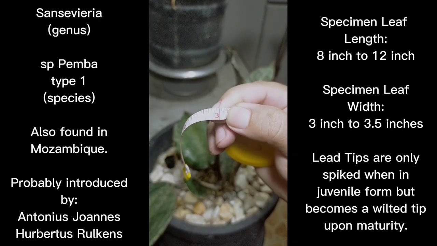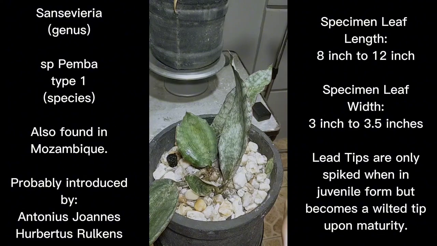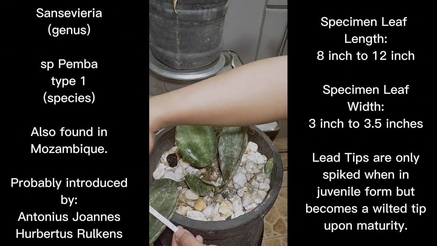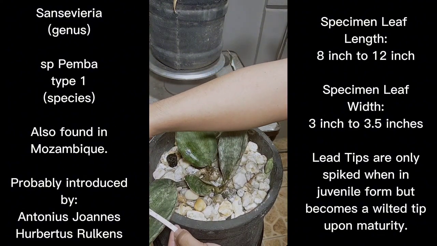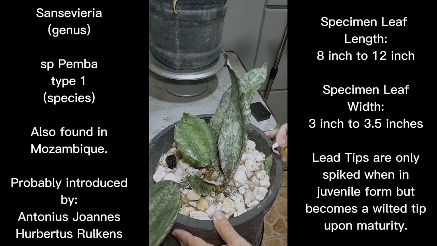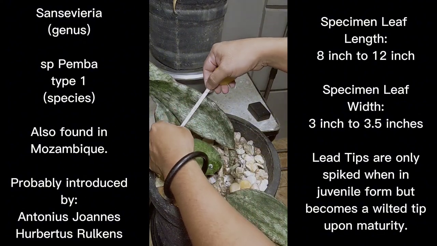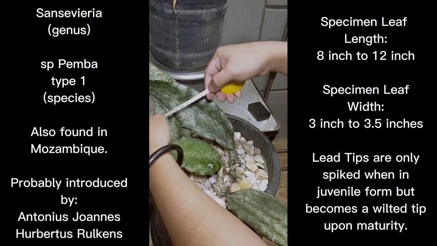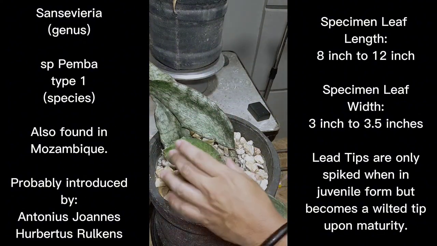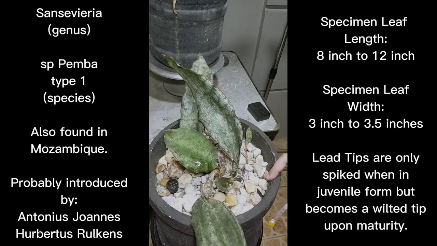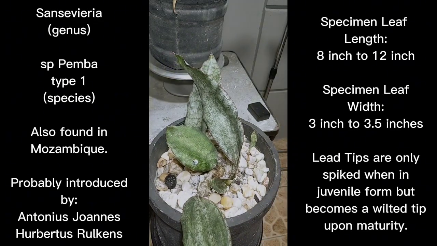I'll have to do that every time I measure something. This one would be a 3, and the silvers would be a 3. So actually the short leaf, the first one that I have, is the widest of the clump, although it is the shortest.